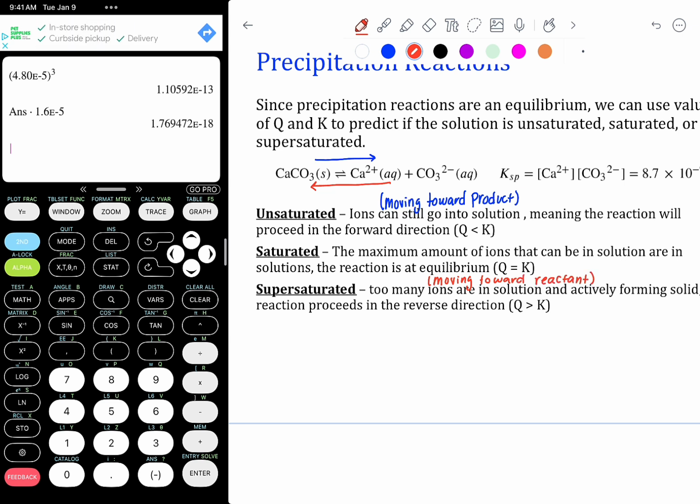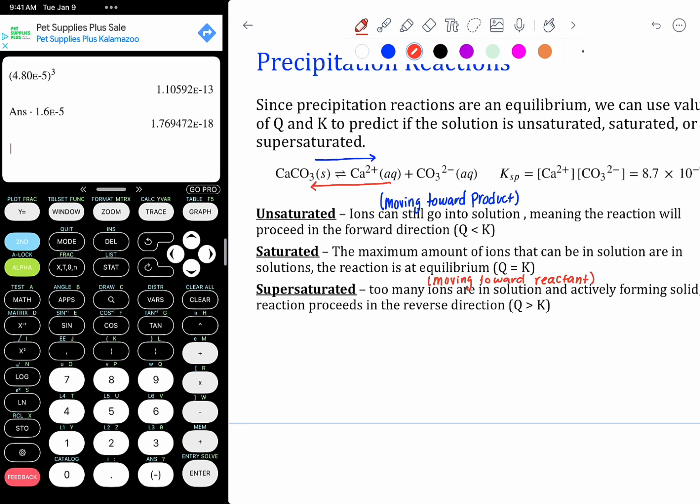So we're proceeding in the reverse direction, which we know that in equilibrium terms, if Q is greater than K, then the reaction is going to proceed from products to reactants, or in the reverse direction. So what we can do with this information is, if we're given concentrations of our ions in our solution, we can compare that to the KSP value.